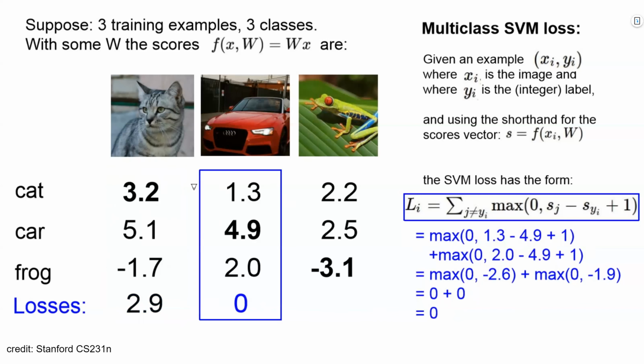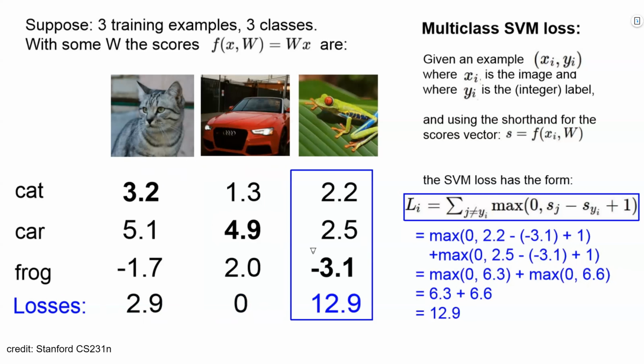In the second case, the second training example, we need to compare this ground truth score with cat and frog. And when we add margin 1 here, 4.9 is larger than 2.3 and 2.1, and no loss occurs here.